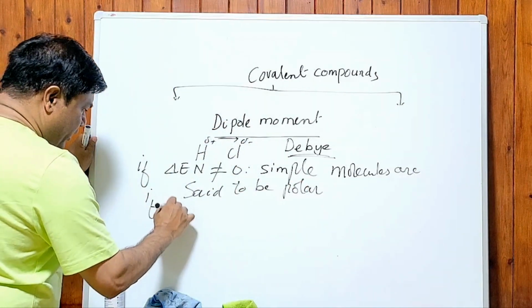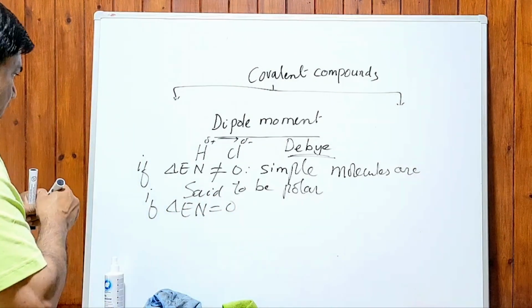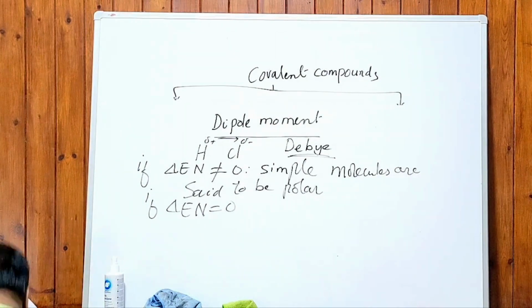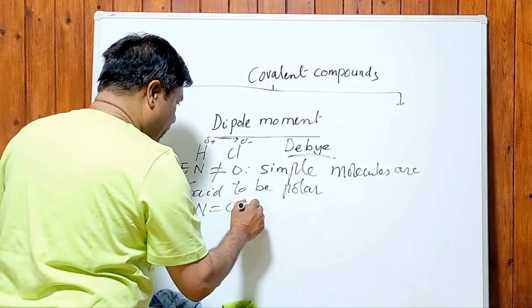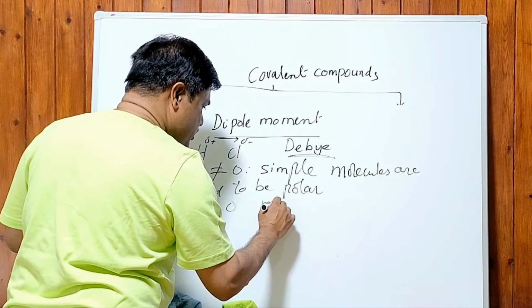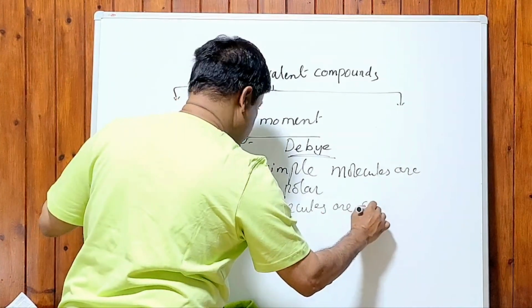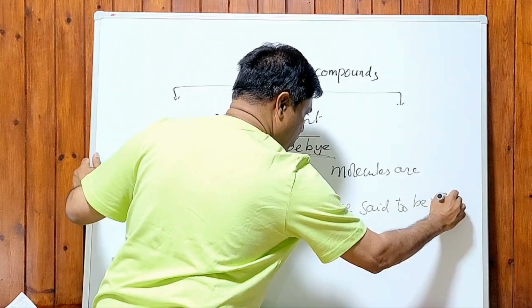If the difference in electronegativity is equal to 0, like the chlorine molecule, iodine molecule, or bromine molecule, then the molecules are said to be non-polar.